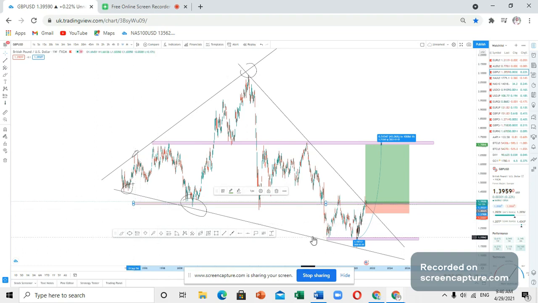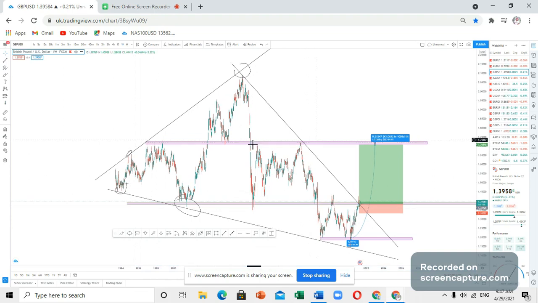After it broke out of this position here, it then went down, touched this point of support, and moved up. So it was moving in between these two regions here. The markets were moving in between these two regions.